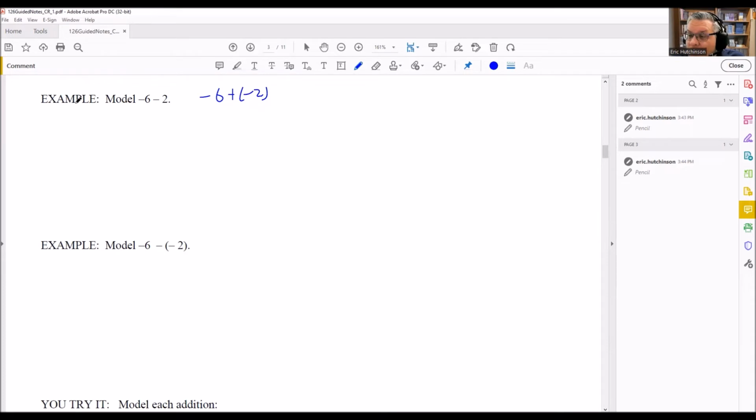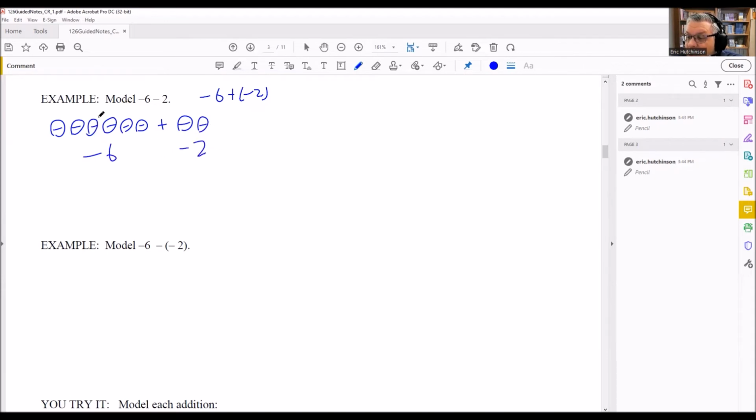So what we have here is 6 negatives. And we're adding to this, since these are both the same, we don't need to put them underneath, I have 2 more negatives. So this is -6 and this is -2.